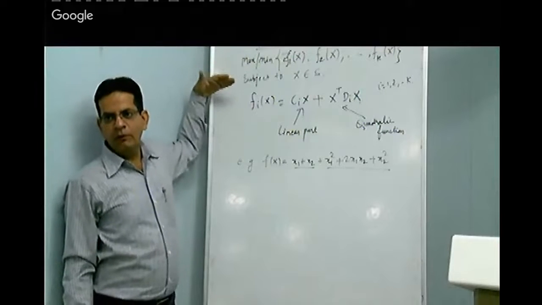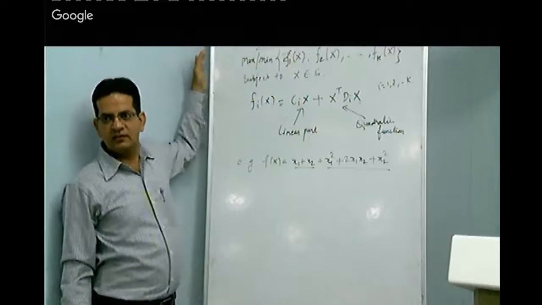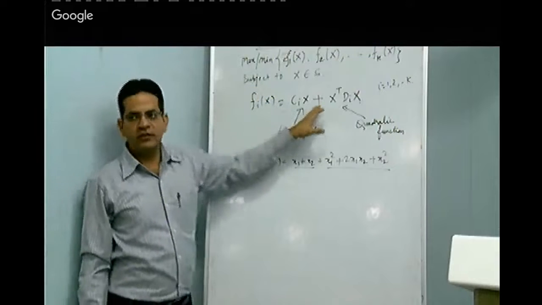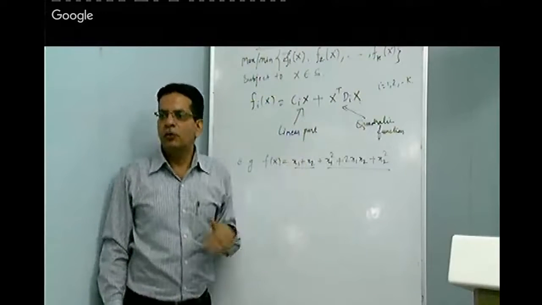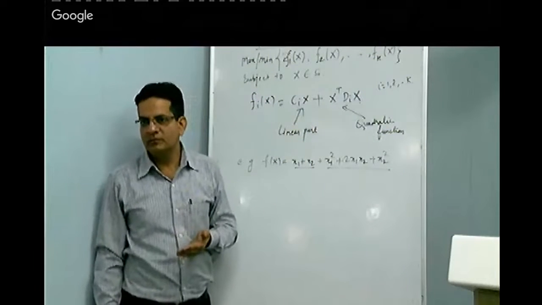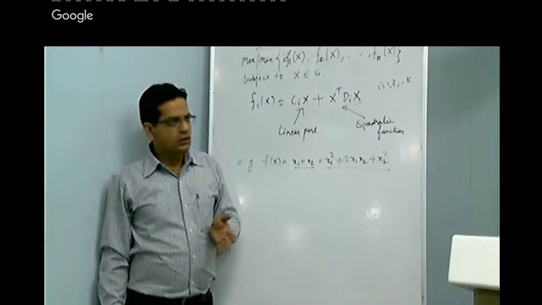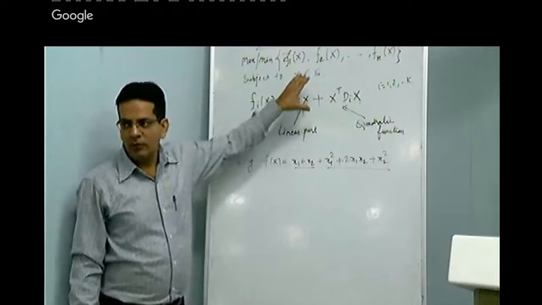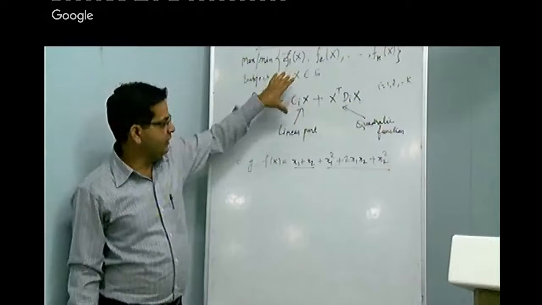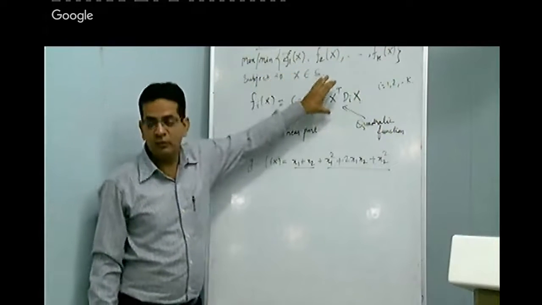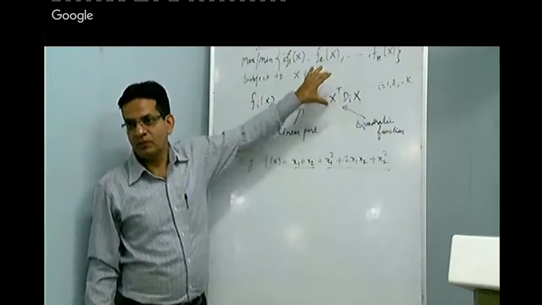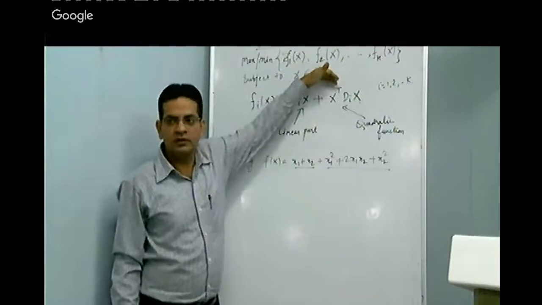But for every problem, we need to use different techniques. Now the objective function is different. You cannot apply the theory of LPP, the theory of linear programming. So it is a non-linear programming problem, but its non-linear format has a specific form: a linear function as well as a quadratic.